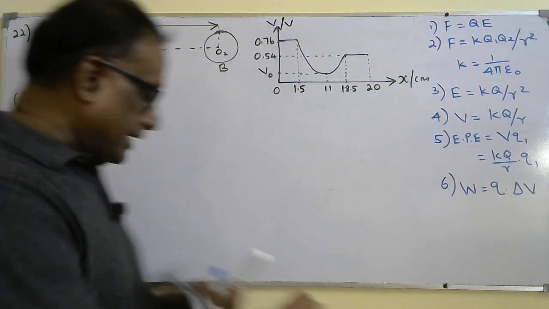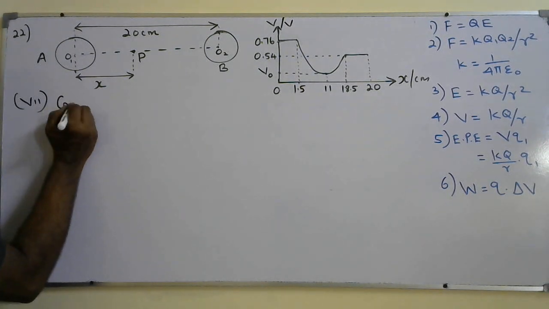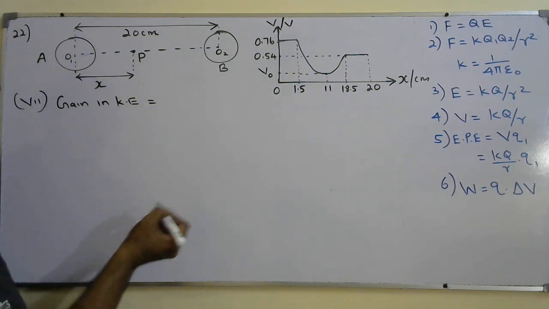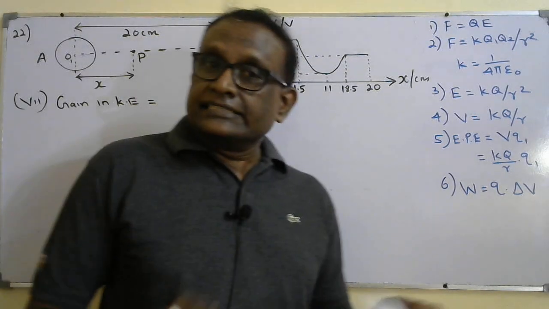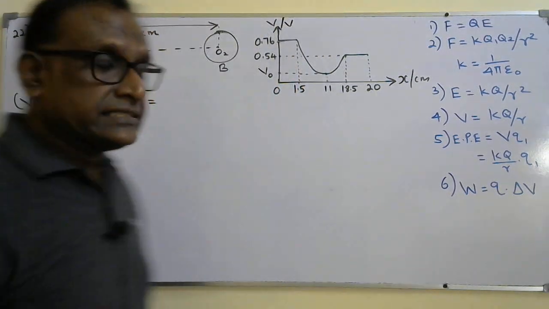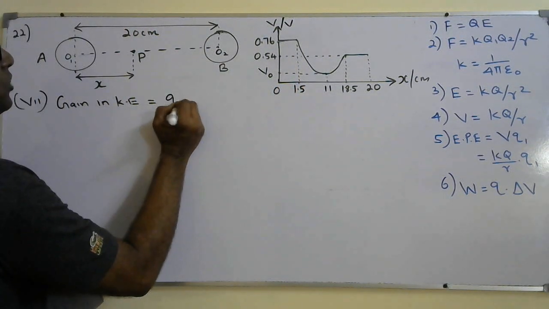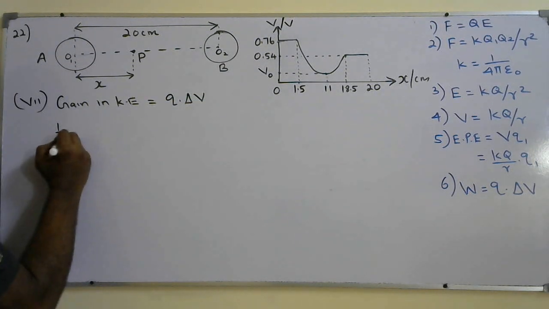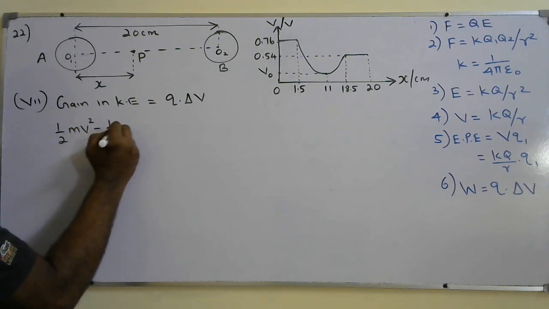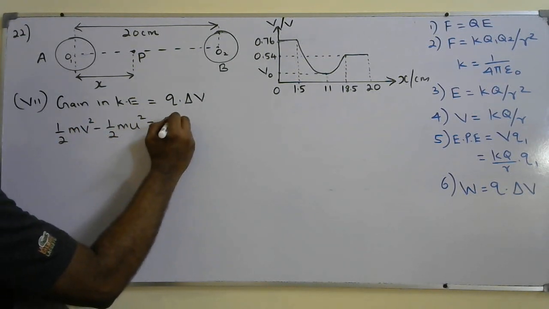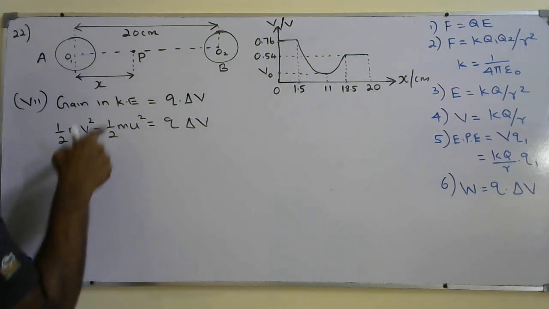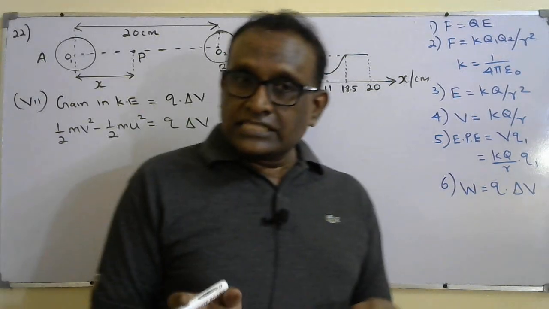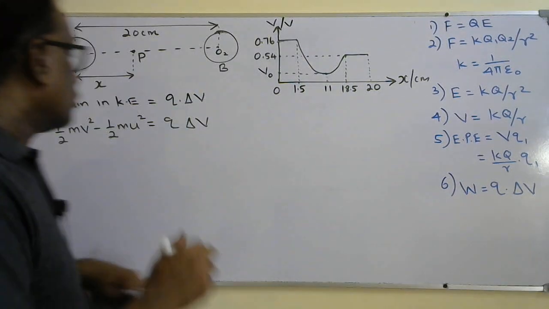But the question is, find the maximum speed. Gaining kinetic energy equals losing electrical potential energy, which is equal to Q times delta V. So gaining kinetic energy, half m v squared minus half m u squared equals Q times delta V. Initially at rest, the alpha particle is released from rest from the surface of sphere A, so u is equal to 0.